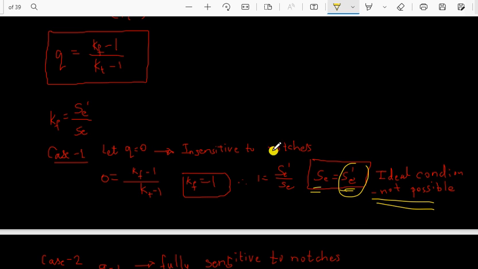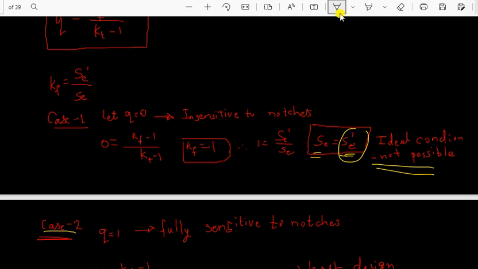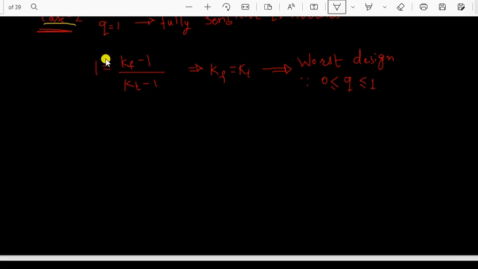So we will put another value for Q in the second case. Let us assume Q is equal to 1. By putting this in the equation for Q, we will get Kf is equal to Kt. Here you can find that the actual stress concentration factor is exactly equal to Kt, that is the theoretical stress concentration factor. You may be aware that Kt can be 1 or more than 1, like 1, 2, 3.